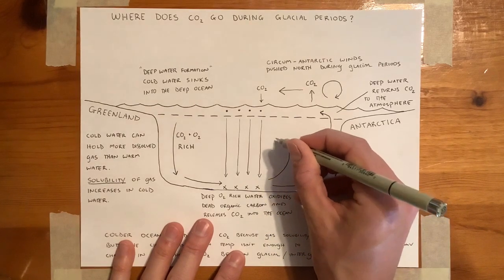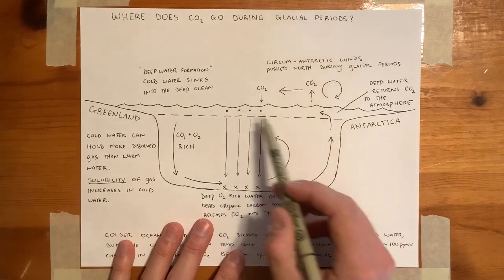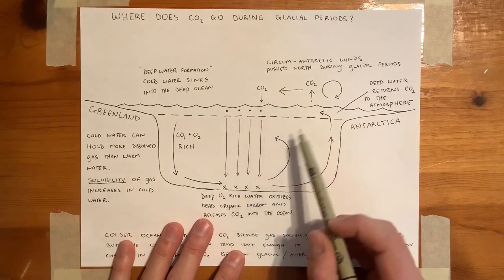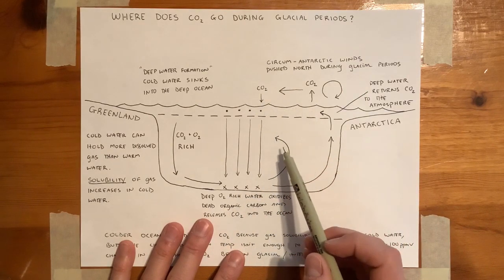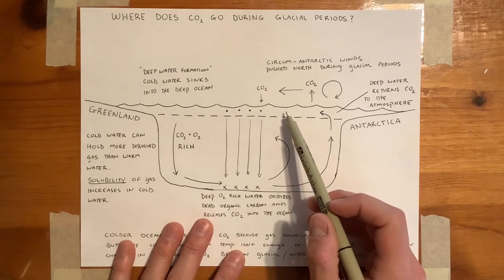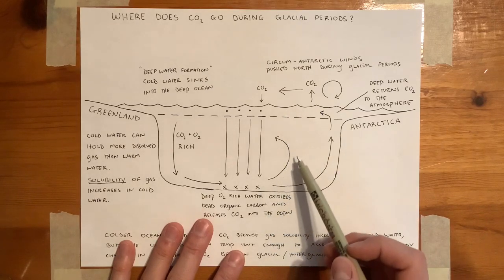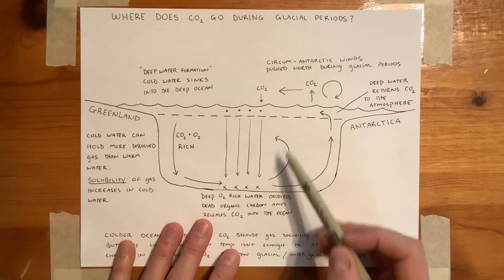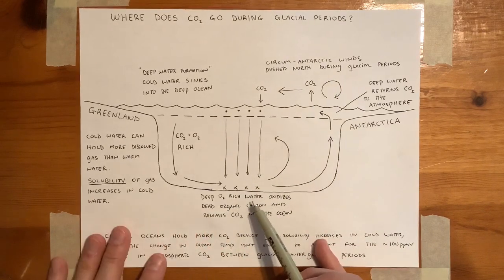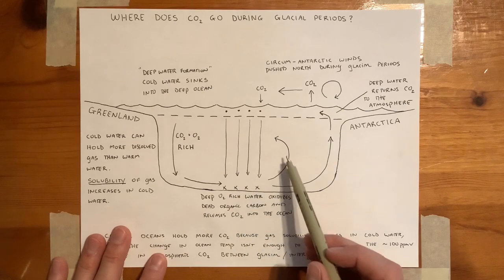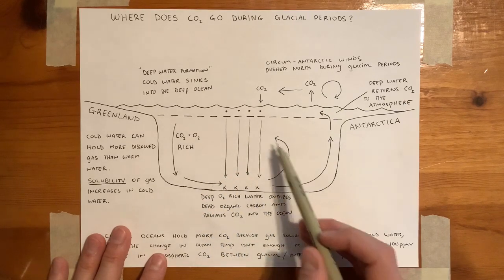Things don't come all the way up to exchange with the surface water. So that means that rather than coming all the way back up to the surface, some of this water doesn't quite make it, and all of this CO2 that was released by the decaying organic matter at the bottom of the sea ends up staying in the deep ocean for a much longer time.